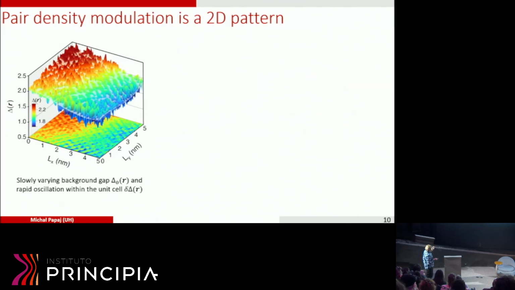And indeed, when we look at a 2D scan in a small area, in this case, because the oscillation is so rapid on the unit cell scale, this is a 5 by 5 nanometer area, we can see that there is some slow envelope of the gap changing, but on top of that, we have this rapid oscillation.